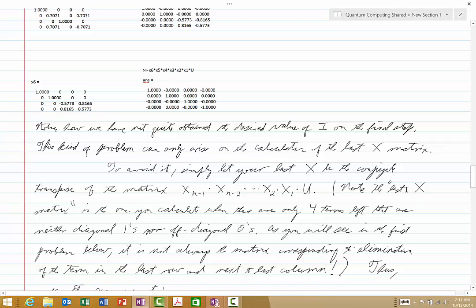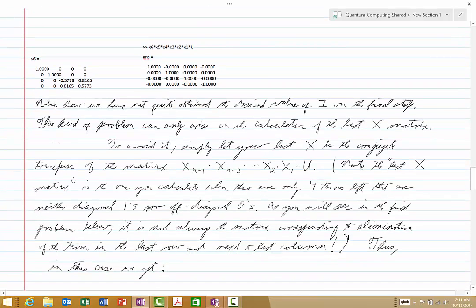Note that the last X matrix is the one you calculate when there are only four terms left that are neither diagonal ones nor off-diagonal zeros. As you will see in the first problem below, it is not always the matrix corresponding to an elimination of the term in the last row and next to last column.